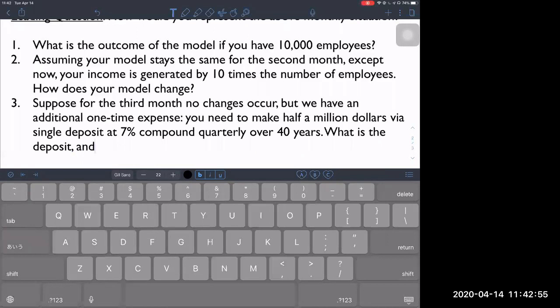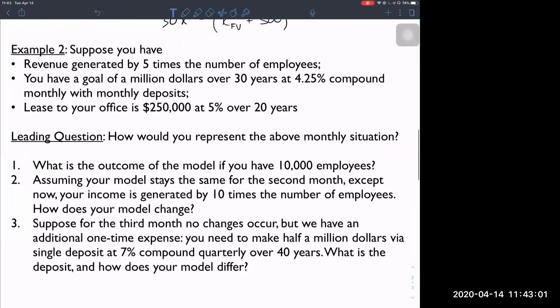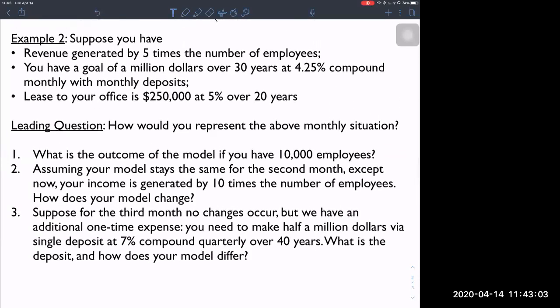Deposit, how does the model differ? Okay, so that's an example problem of more or less a full-fledged model right there.